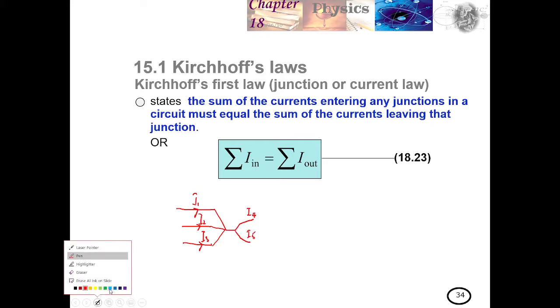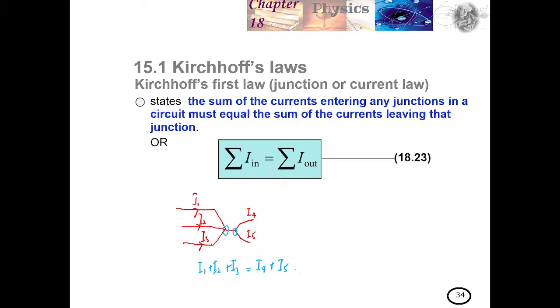So logically, I1 plus I2 plus I3 will be equal to I4 plus I5.